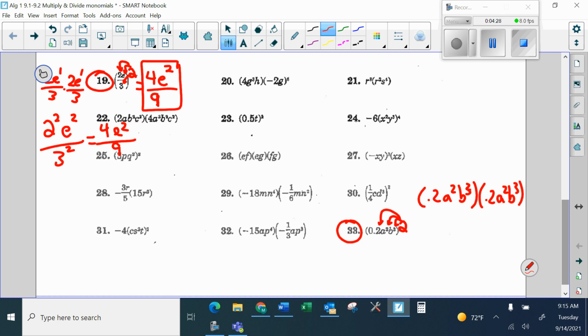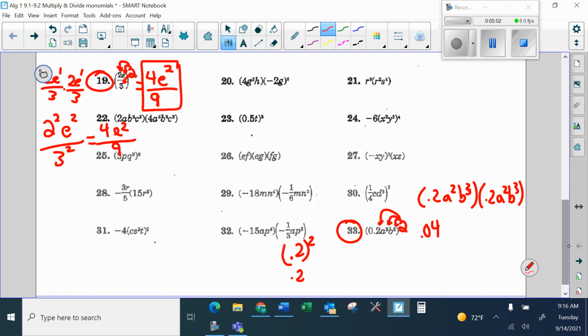I could write it out if I needed to, if that's easier for you to do. Or I make sure I draw my arrows like that to distribute through every piece inside the parentheses. So 0.2 squared, 0.2 times 0.2. Okay, what's 2 times 2? 4. But then I have one number to the right of the decimal, and I'd have it again. So now I have a total of 2 to the right of the decimal. So I have to have 2 decimal points over. So it's 0.04. 0.2 times 0.2 is 0.04.